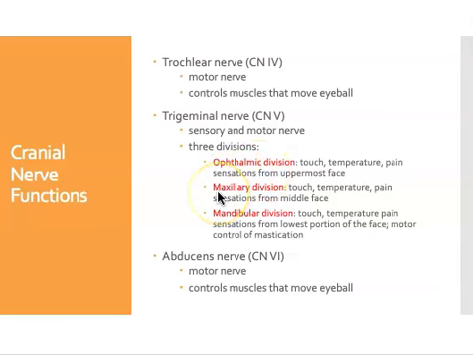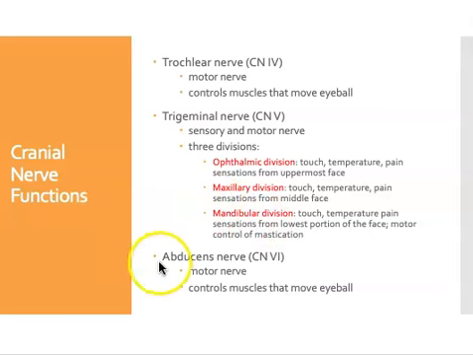The maxillary division is giving us, again, touch, temperature, pain information about the middle regions of the face. The mandibular division, touch, temperature, pain from the lowest part of the face, and this is where the motor part comes in. Remember, this nerve has both sensory and motor components. The trigeminal nerve has motor components related to chewing, related to mastication.